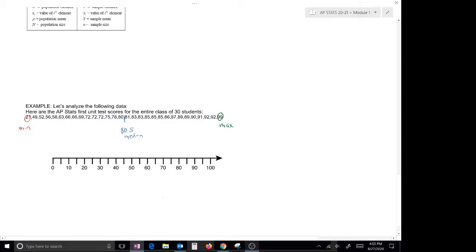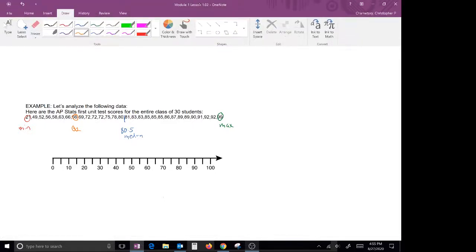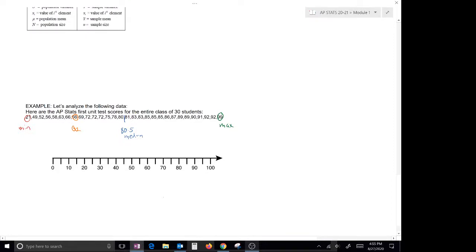So 1, 2, 3, 4, 5, 6, 7, 8. There's our first quartile, Q1. And my third quartile, same thing. It's going to be the middle of these numbers, so 1, 2, 3, 4, 5, 6, 7, 8, so 87. This will be our third quartile.